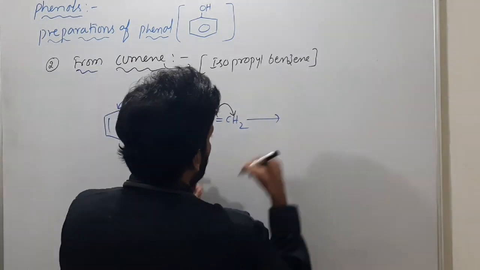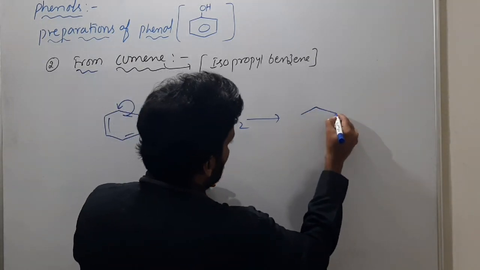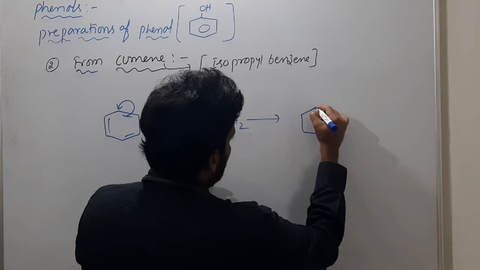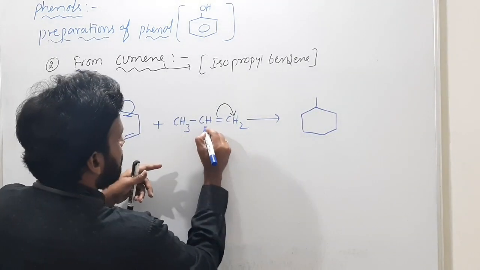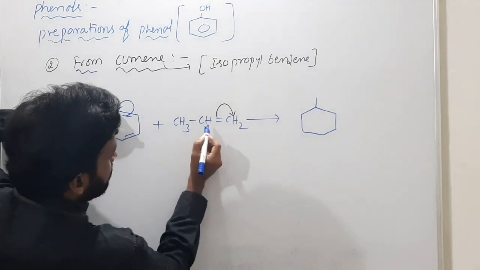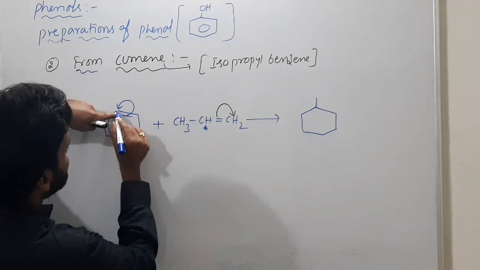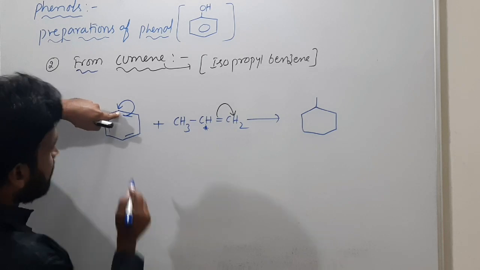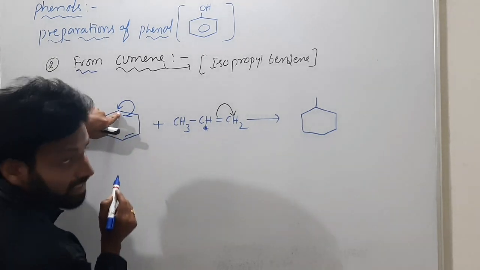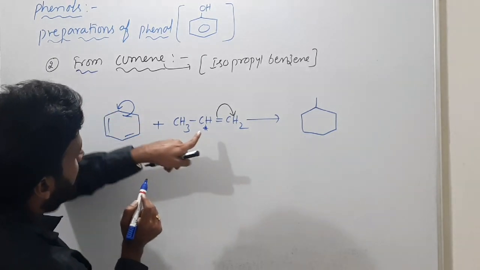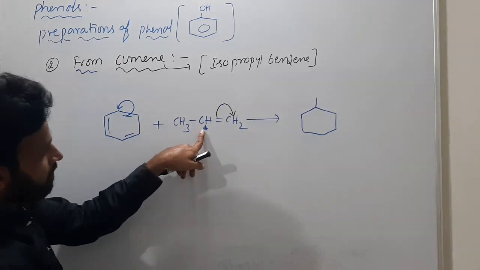Remember that. So now you have like this C6H5, and at this particular carbon, this carbon will add, because this is the positive carbon and this is the negative carbon. Understanding? If these electrons migrate, here negative charge, here positive charge.